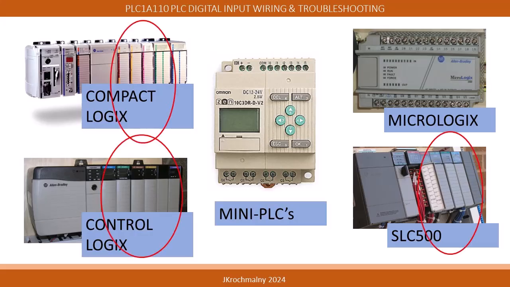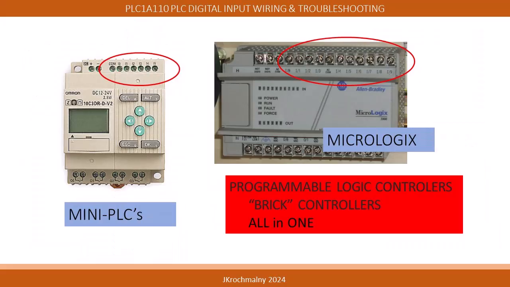The Compact Logics, Control Logics, and SLC500 PLC assemblies will have their digital input modules assigned in specific locations in their assembly array as shown. Micrologics and the Omron Mini PLC are considered to be brick controllers and will have their digital input terminals located at the module top location.